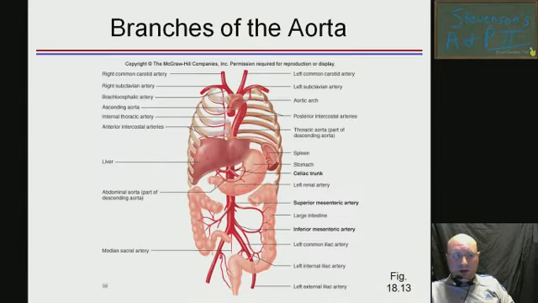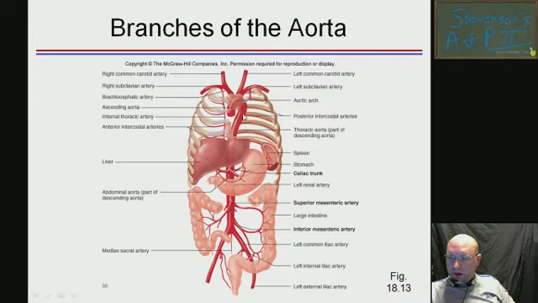Okay, branches of the aorta here in the chest and abdominal cavity, or as we might call it, the trunk of the body. So know the arteries of the trunk. We start up top with our normal ones that we've been looking at a lot: your carotid arteries, your subclavians, and then we have the aorta.